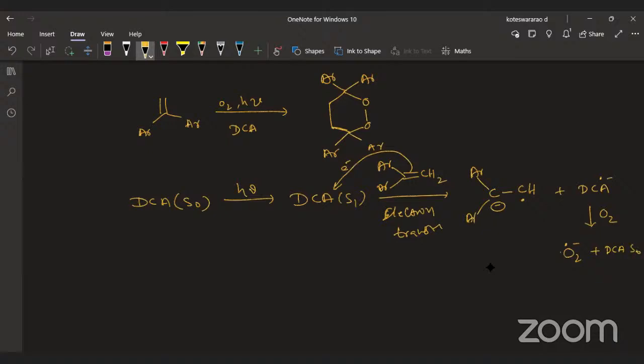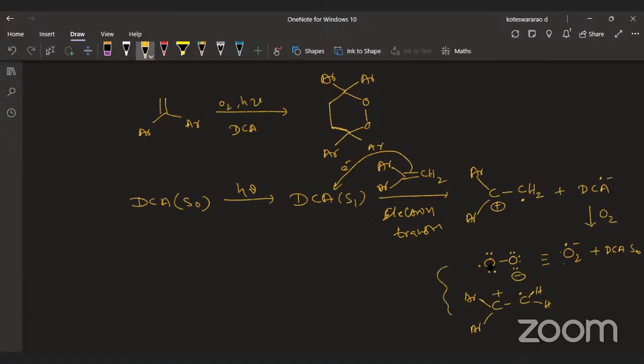Now this DCA singlet state may exist as, when it is undergoing the simple addition reaction, in the positive charge, cation radical.